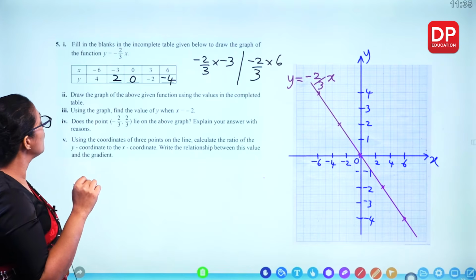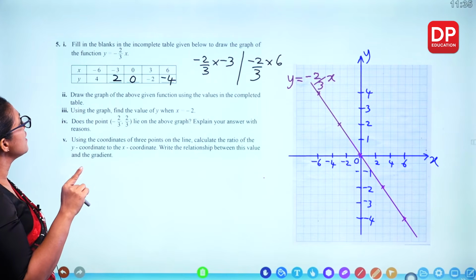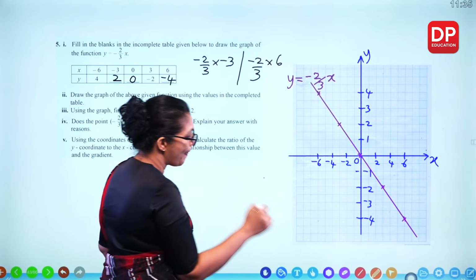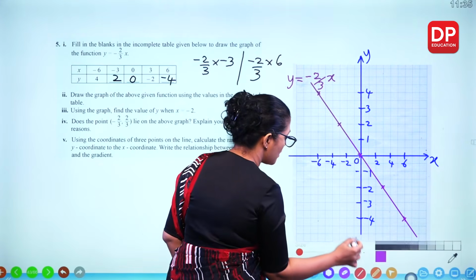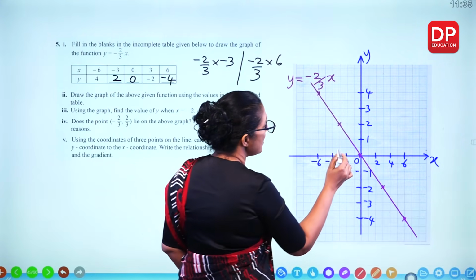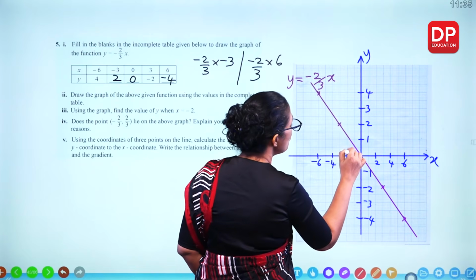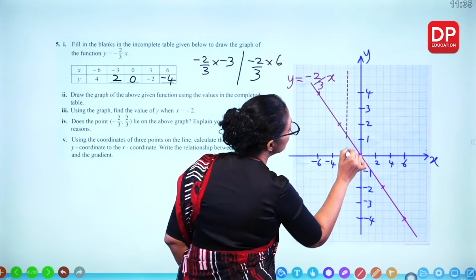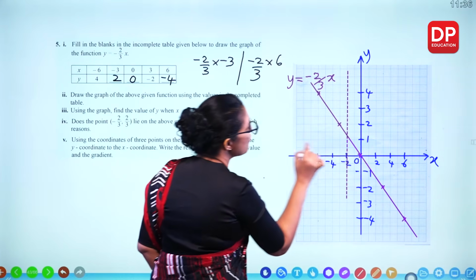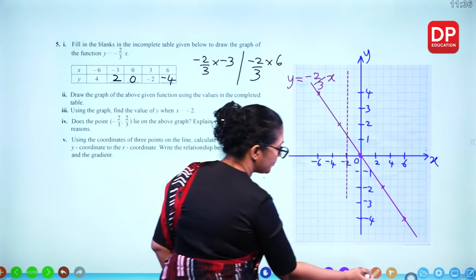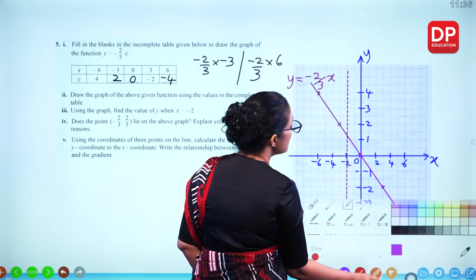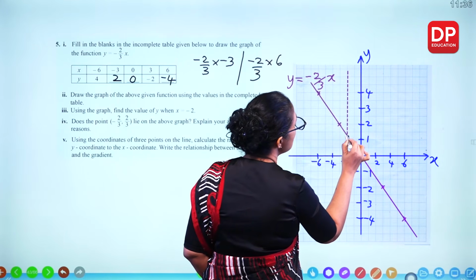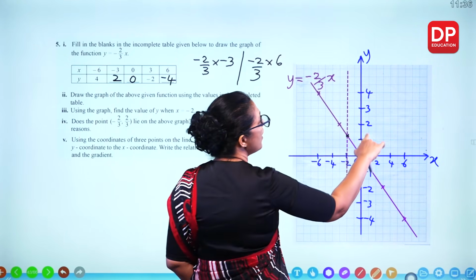Now answer the following questions. Using the graph, find the value of y when x equals minus 2. So you can just draw a line and see x equals minus 2, this line. So we have to read the intersecting point. What's the intersecting point? The intersecting point is in between here, so 1 and 2.